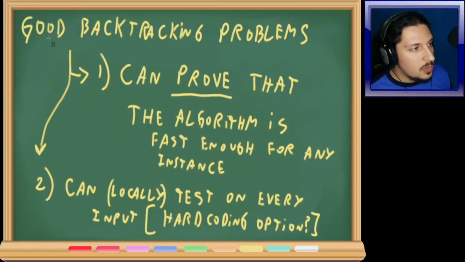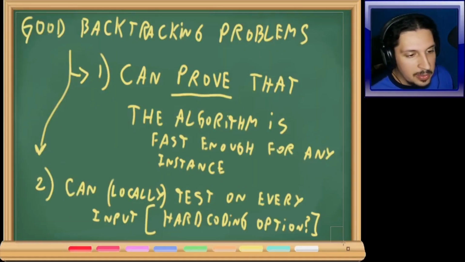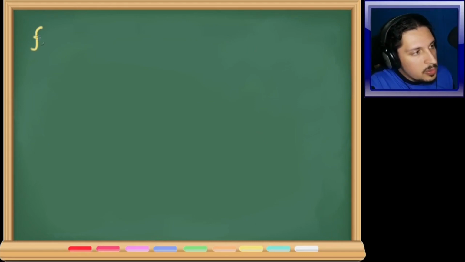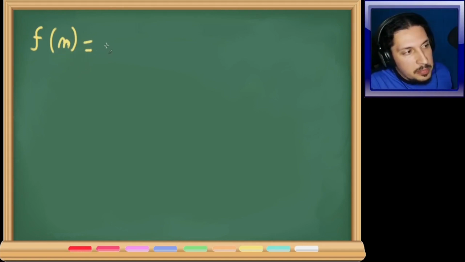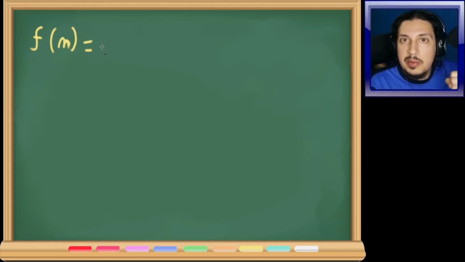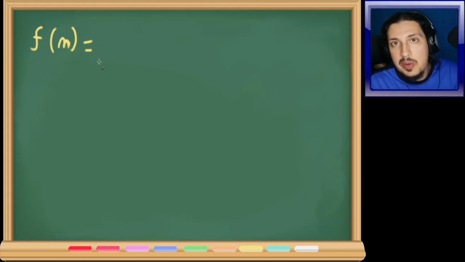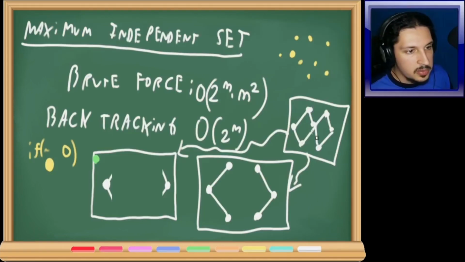Well, let's check how we would have calculated the runtime for the original one. We want to compute f of n, the worst case runtime of the algorithm for n vertices. For the original, the recursion is very simple. For a problem with n vertices, you remove one and call 2 other instances. Now, how many vertices do those have? In case you don't grab the vertex, which is this example over here, you always have one less vertex. If you do, you have one less vertex because you don't have the vertex anymore, but you also have to subtract all its neighbors.